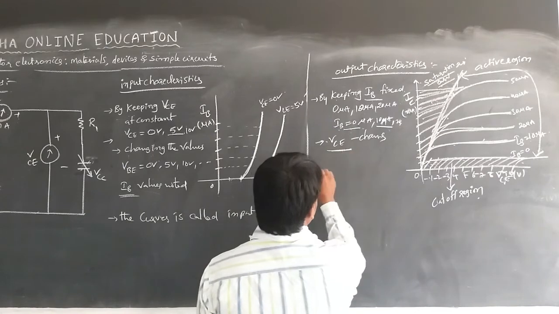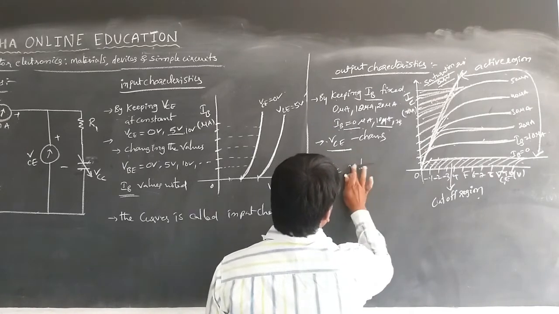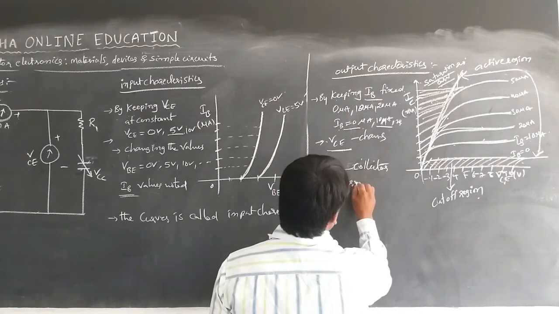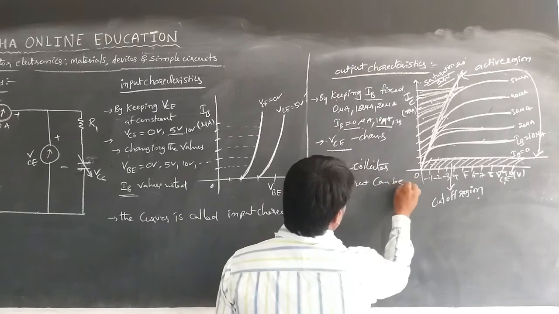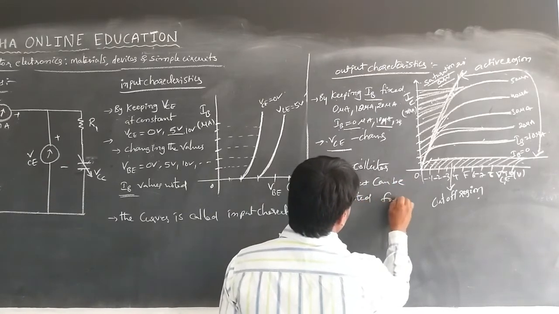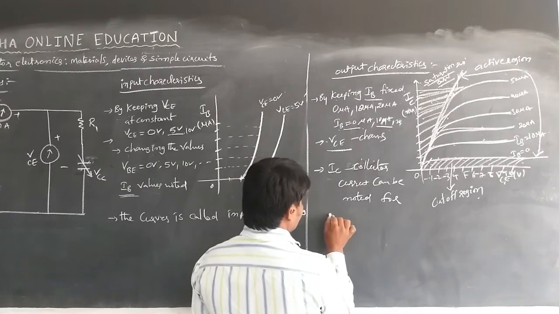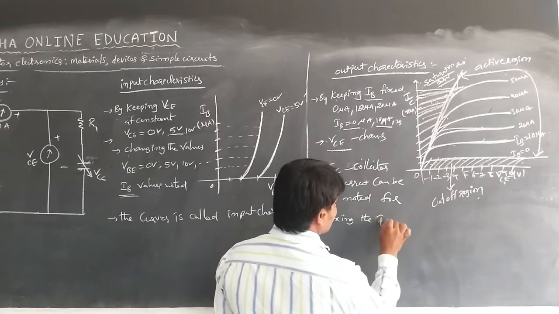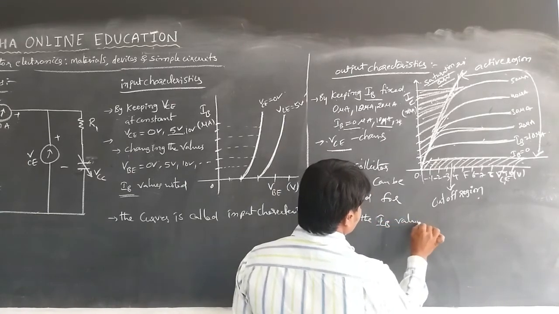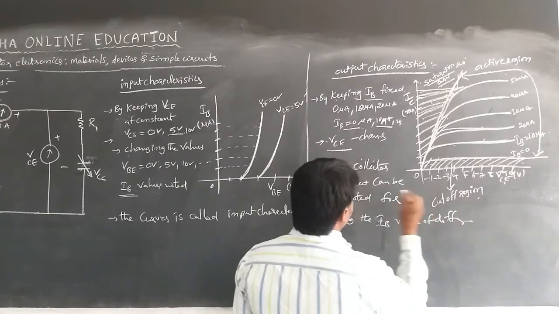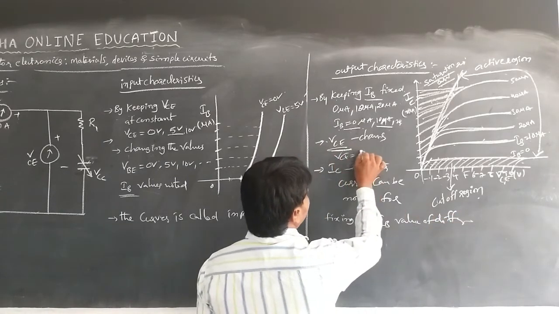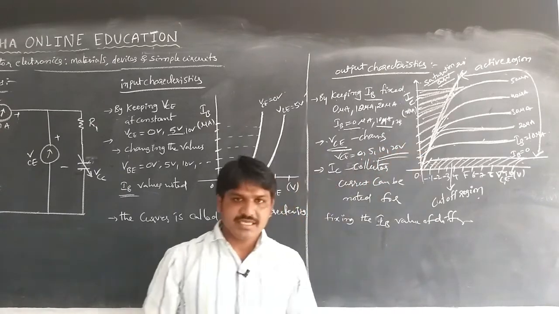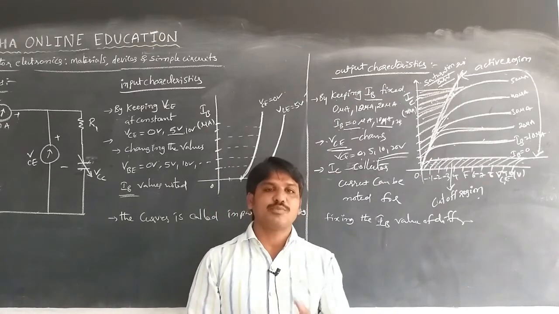By changing the VCE values, the IC values, meaning the collector current, can be noted, fixing the IB values at different values. Here the VCE values are changed up to 0, 5, 10, 20 volts like that. By changing that, the collector current, the output current, can be noted.